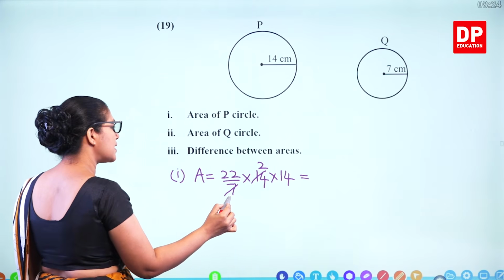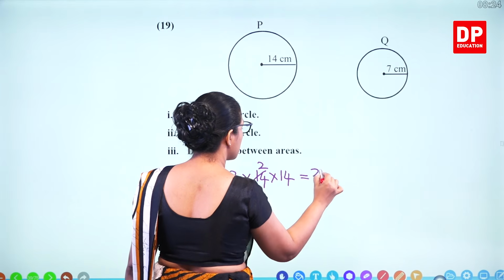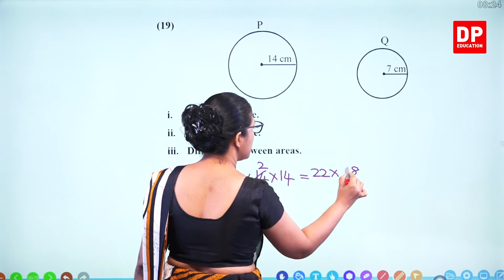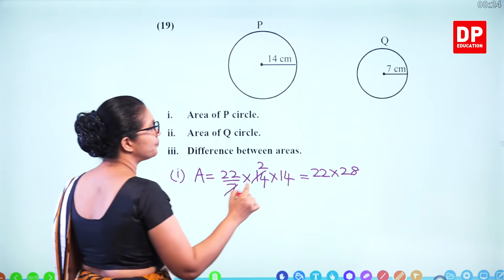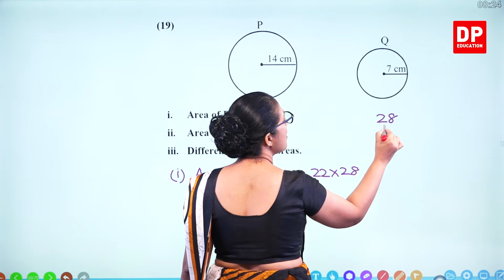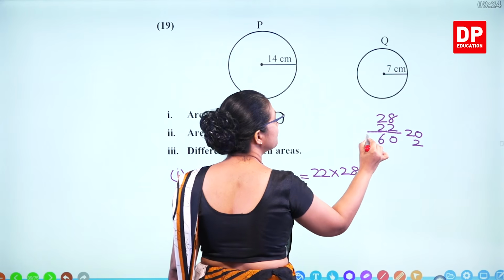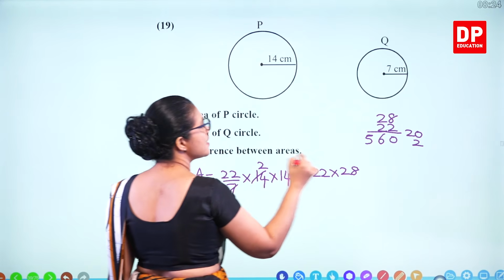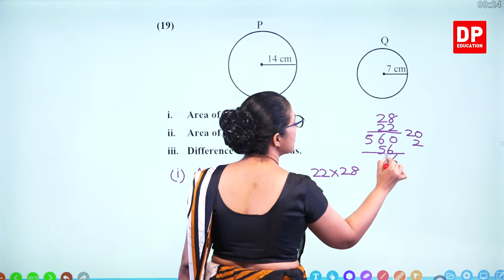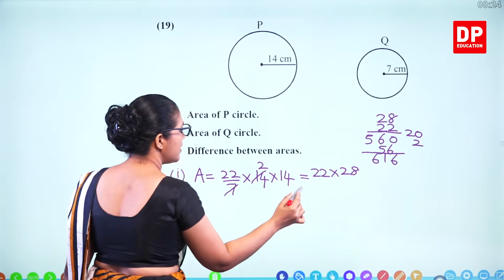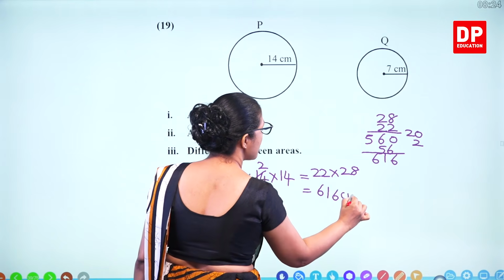So you get 2 times 14, you get 28. So 28 times 22. 28 times 22, 20 and 2. So you get 56 here, again 56. 616 square centimeters.